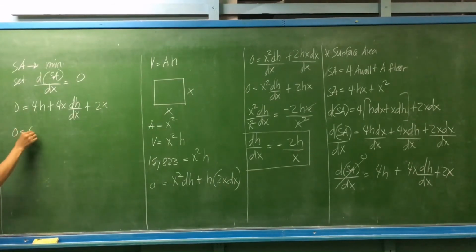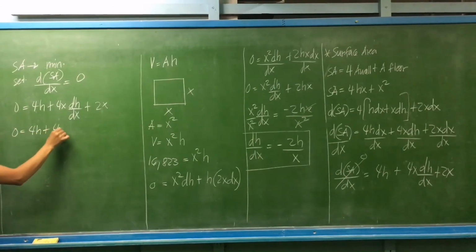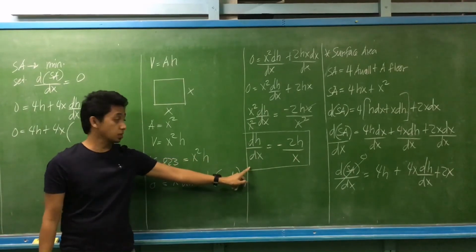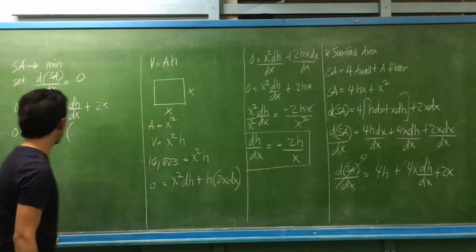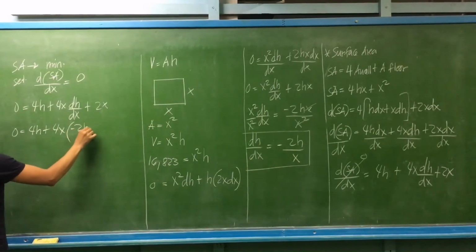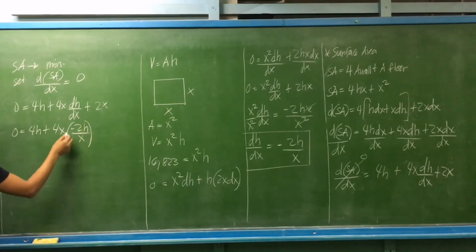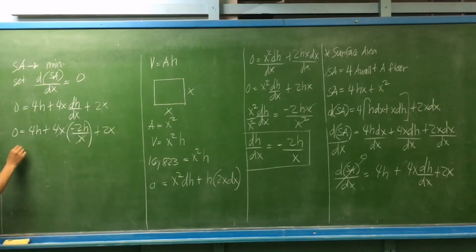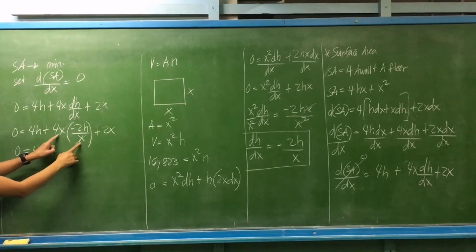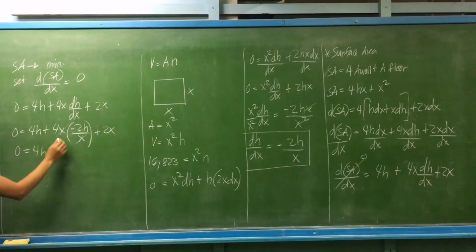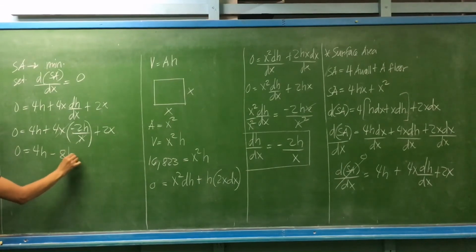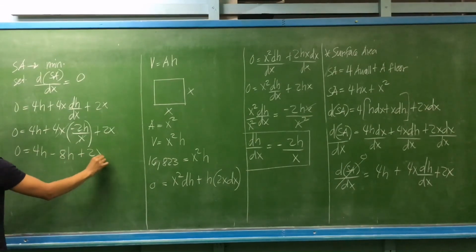So 0 equal to 4h plus 4x. What is the equivalent of dh over dx? That is negative 2h over x. Cancelling x, plus 2x. So it's the same as 0 equal to 4h plus, canceling the x, 4 times negative 2h, so this will be negative 8h plus 2x.